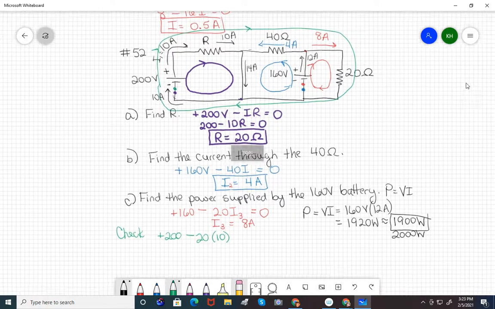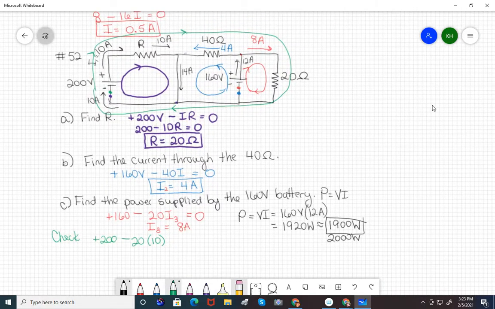There we go, so you can see it all. So IR, I is 4, R is 40, but I have to add because the current goes to the left and I'm going to the right. So this is really low, and this is high potential. I'm going through the resistor opposite the normal way.